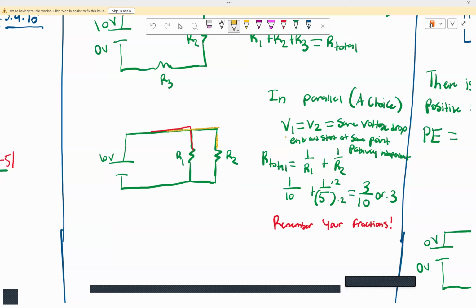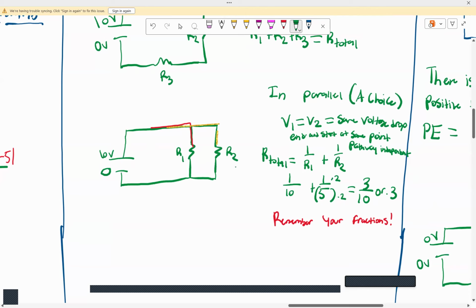That means they're pathway independent, sort of like work. You're always going to have this voltage at the end be zero, and it also starts at 10 volts. So the voltage for these two is equivalent. They have the same voltage drop.